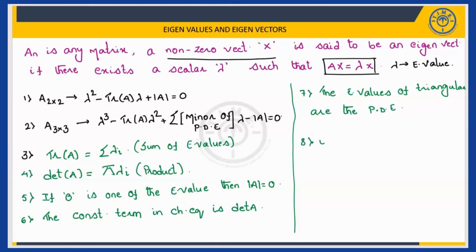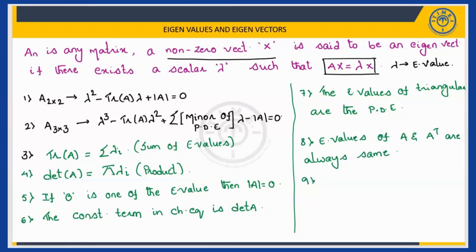And eigenvalues of A and A transpose are always the same, or you can say they are always equal.